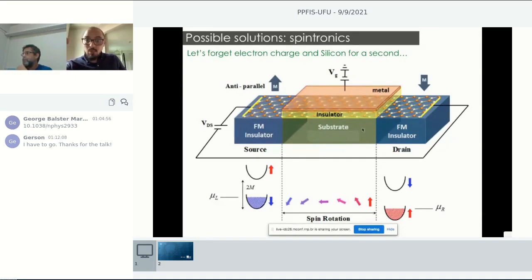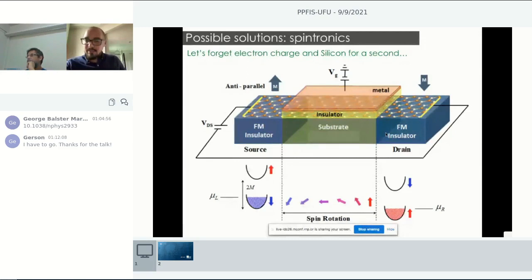So essentially, if we control the direction of the spin, we are able to construct 1 and 0. 1, for instance, where we have a non-zero spin current, and 0 when there is no probability of this kind of quantum transition, so there are no states on the other side. Using this 1 and 0, we are able to construct the basic idea of transistors using spintronics. This is the main idea of spintronics.